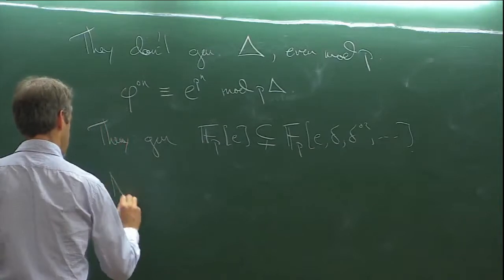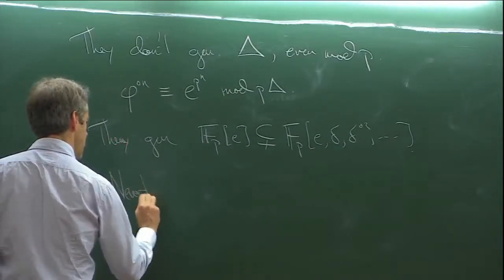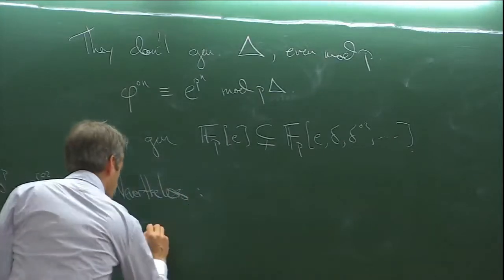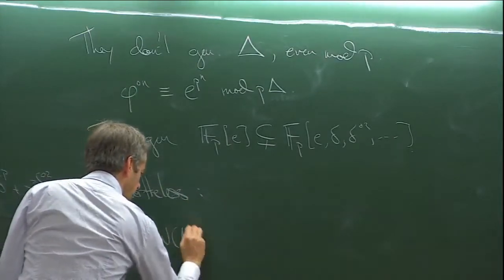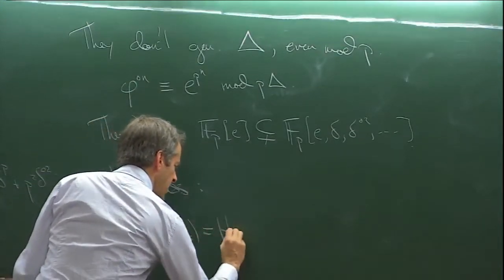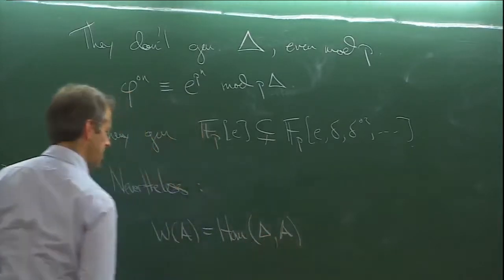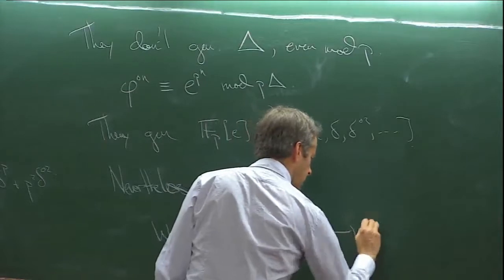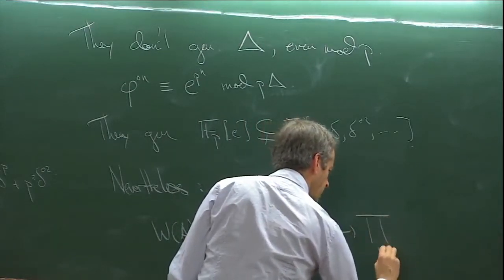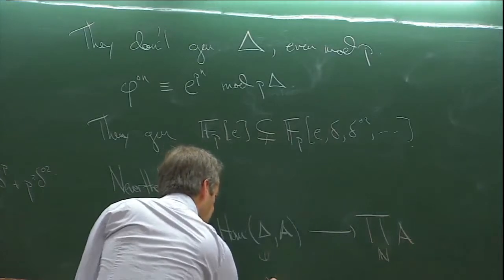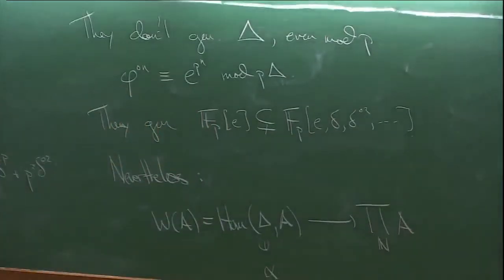So I'll say nevertheless, we can define a map from the Witt vectors of A, which I always think of as homomorphisms from the differential operators to A, to an infinite product, as we did before, by sending a homomorphism alpha.